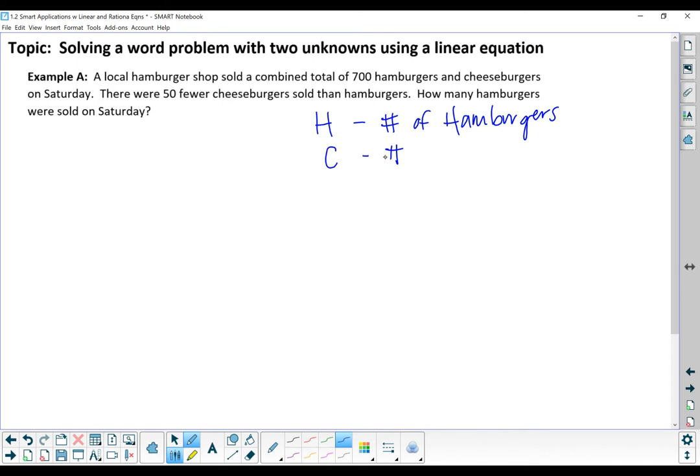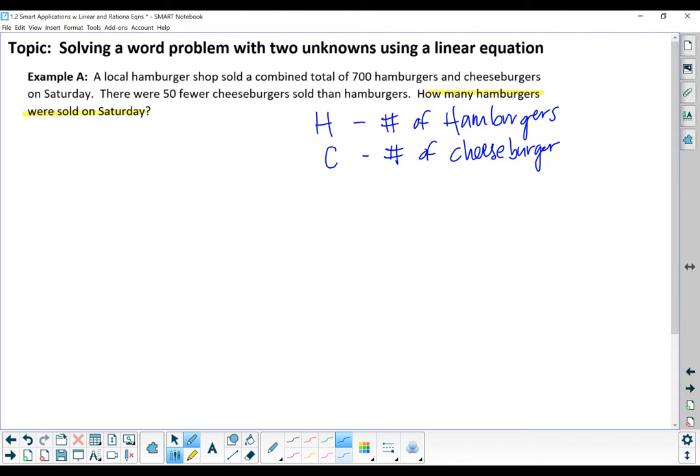That way, when you get to the end of the problem, you can just make sure that you've solved for the right thing. So our question here that we're going to try to answer is how many hamburgers were sold on Saturday. So now I know my goal is to solve for H. So if you use X and Y, sometimes you lose track of what you're solving for and you answer the wrong question.